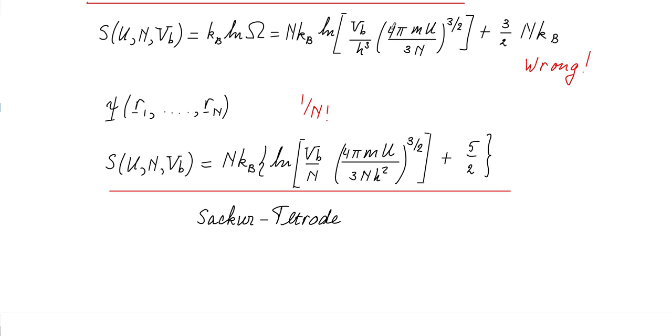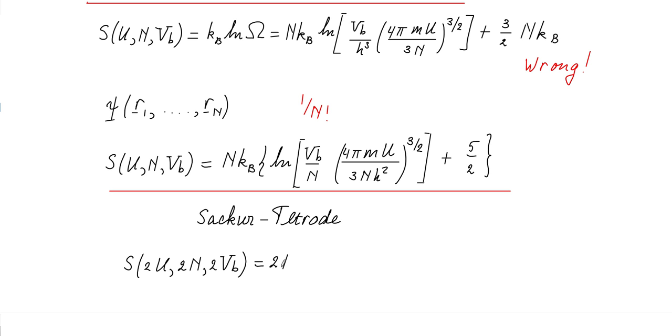This property is that if I double the system size, then S becomes twice as big. So let's do that. We calculate S of 2U, 2N, and 2VB. Then we would hope that the S becomes twice as big.